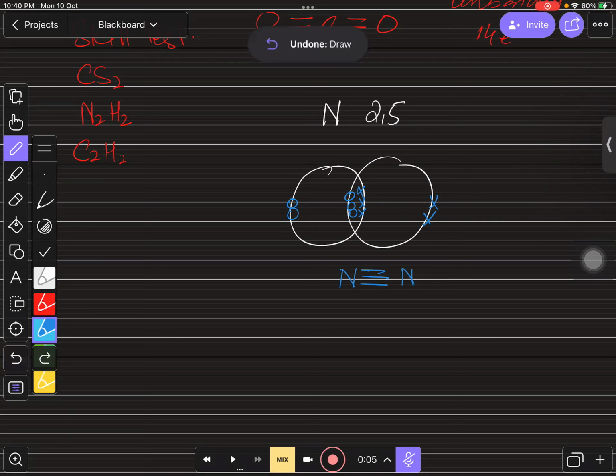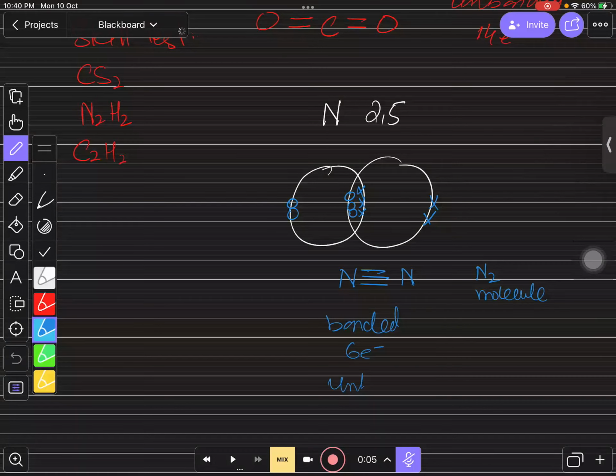So it will be like this. It is a nitrogen molecule, right? If you talk about bonded electrons, each nitrogen shared 3 electrons, so 6 electrons are involved in bonding. And if you talk about unbonded, 4 electrons from each nitrogen are not involved in bonding, so 8 electrons are unbonded over here, right?